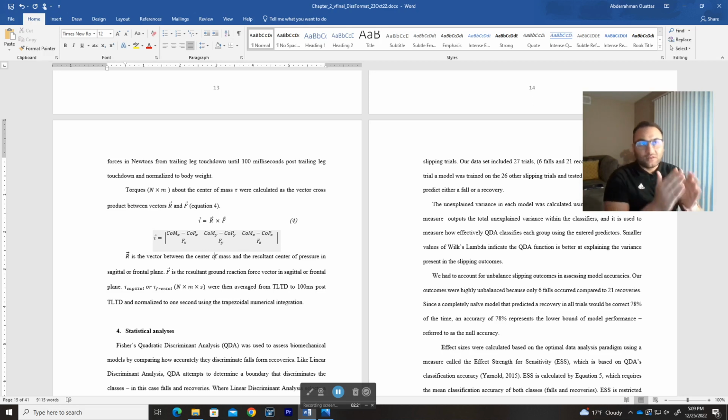The x-axis is the axis that you're going to take off if you're going to run sagittal plane torques, because then you'll only use the y and the z. That's why I said take off the x.